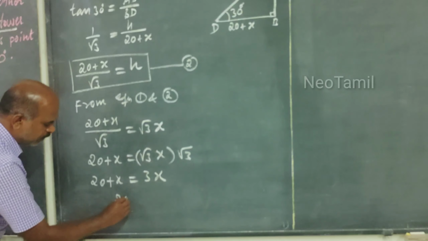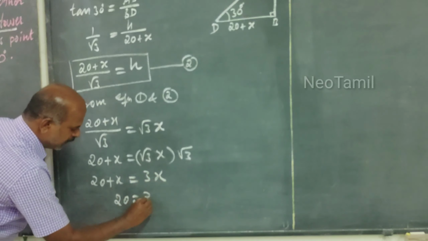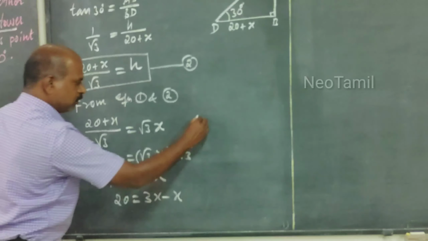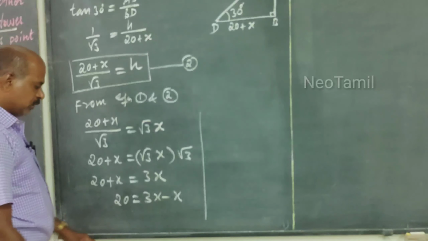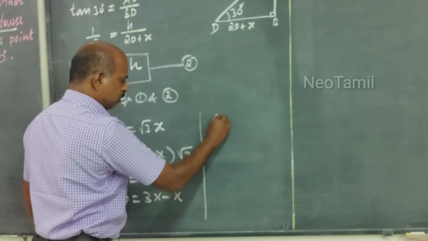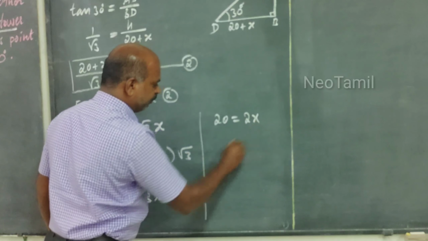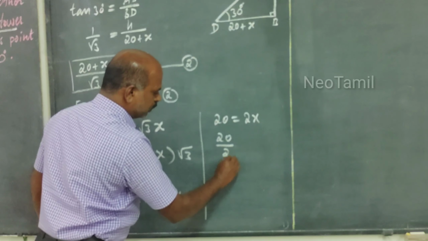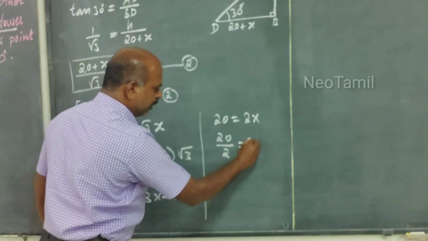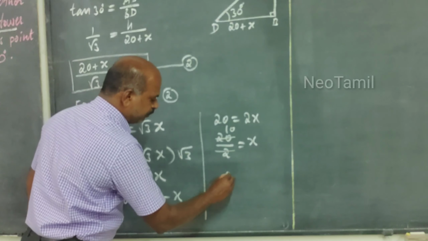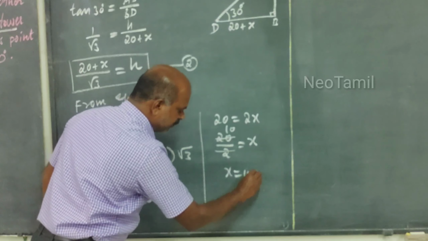Now 20 equal to, take the x to this side, 3x minus x. 20 is equal to 2x. Then 20 divided by 2 is equal to x. Two tens are 10. Then x equal to 10 meters.